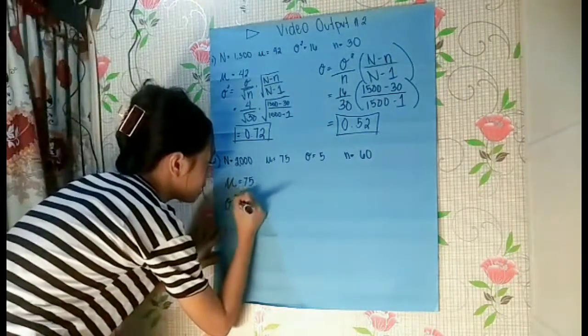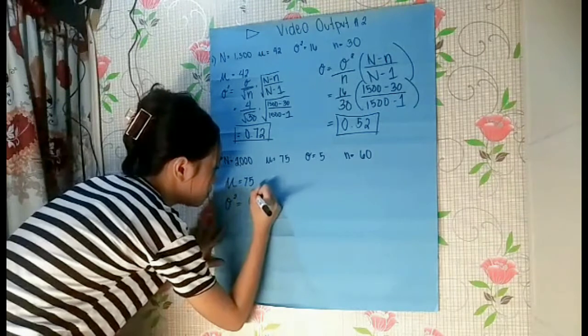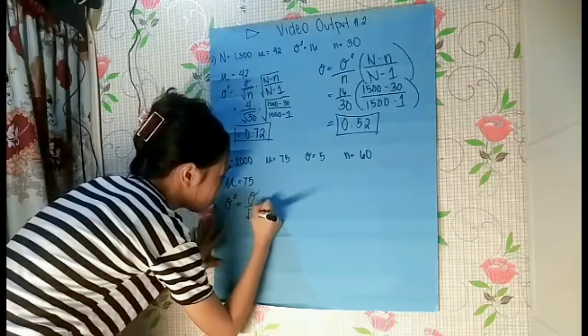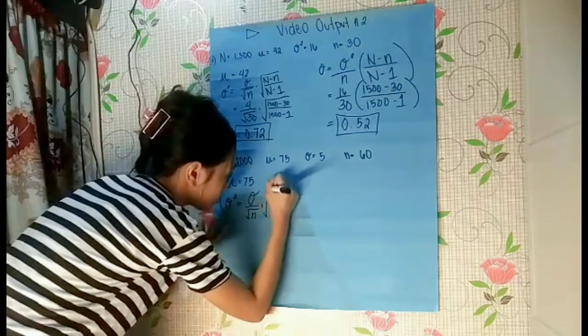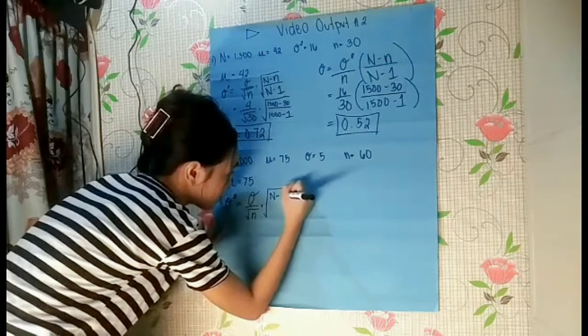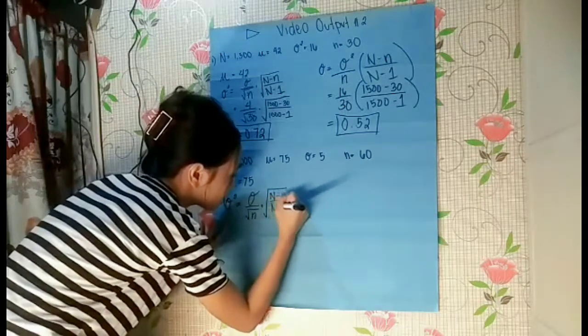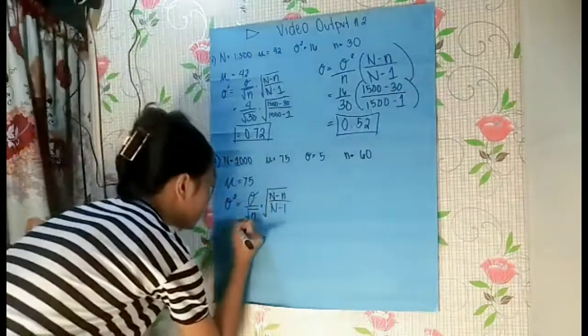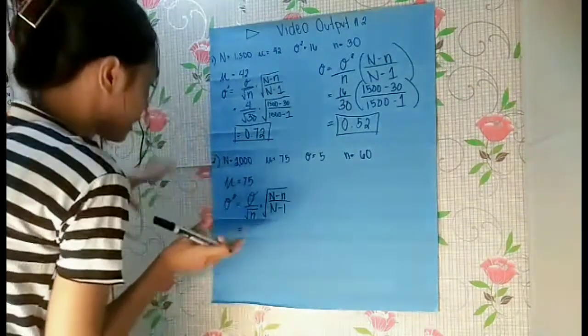The next thing we are going to find is the variance. Again, the formula for the variance is the standard deviation over the square root of the sample size multiplied by the square root of the population minus the sample size over the population minus 1. Again, 1 is a constant number. So let us rewrite this one.